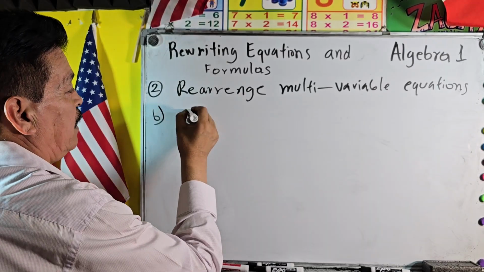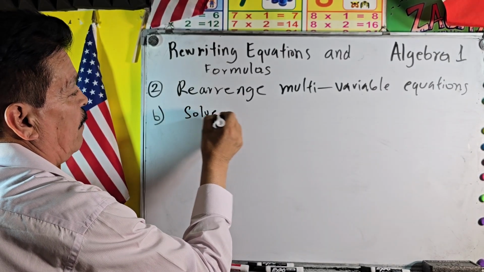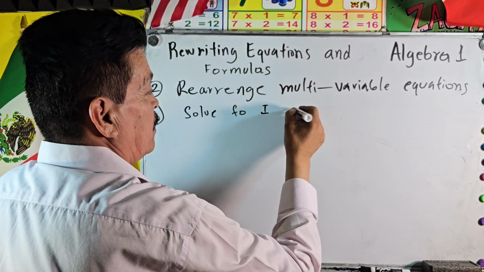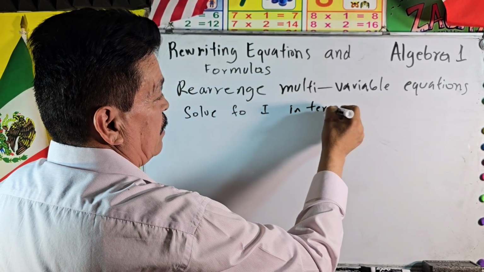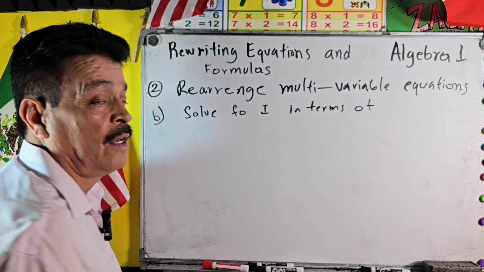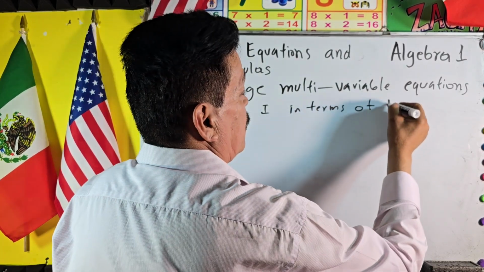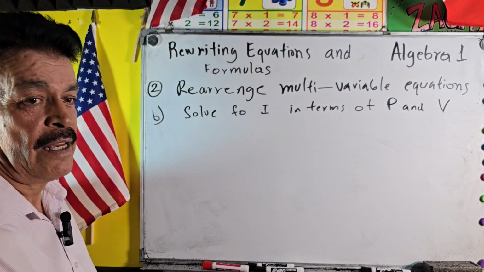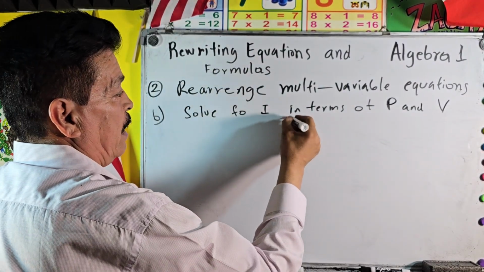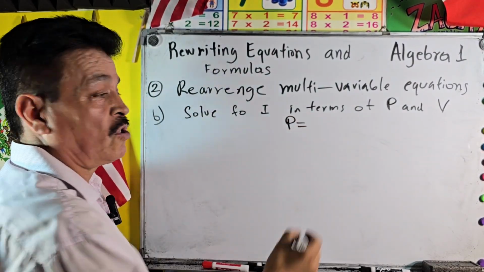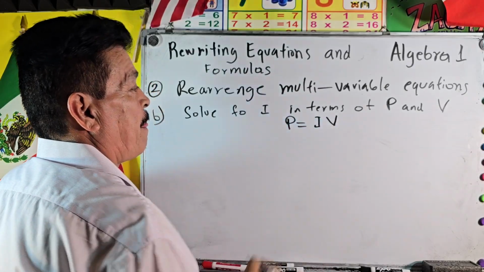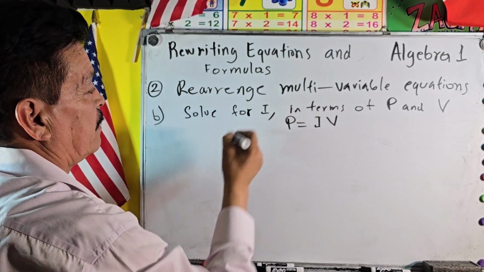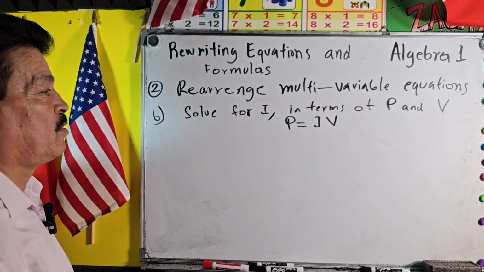Here we have to solve for I in terms of P and B. So our problem is P equals IB. We have to solve for I, right? In terms of P and B.